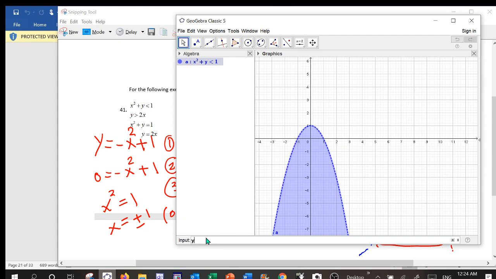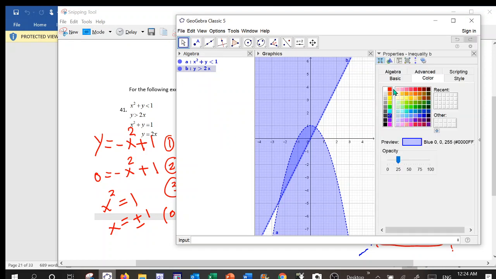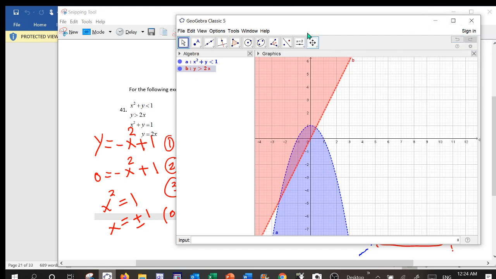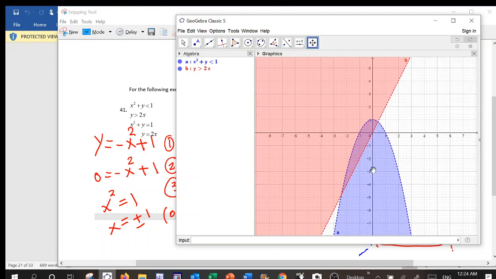And then y is greater than 2x there. And if I change the color of this to another color, maybe red, then you see that the solution is really this overlap right here. That's the solution.